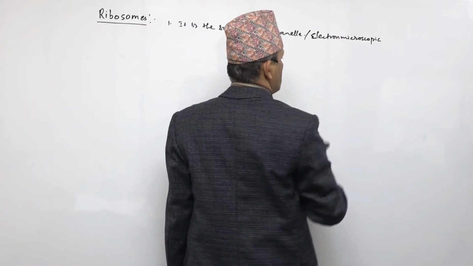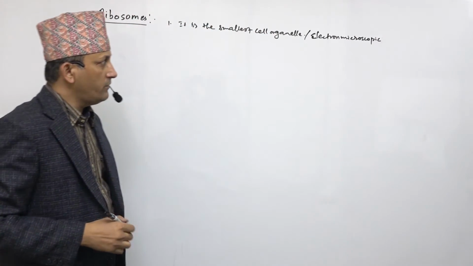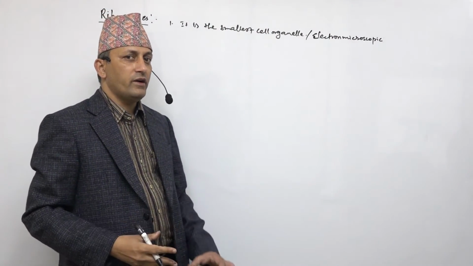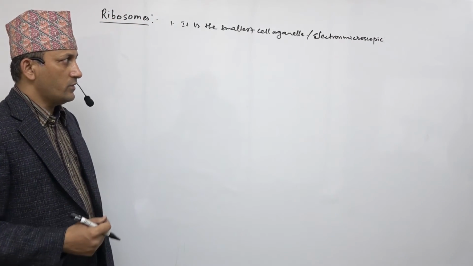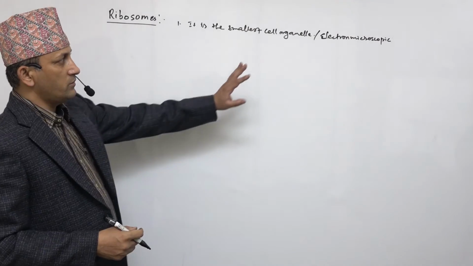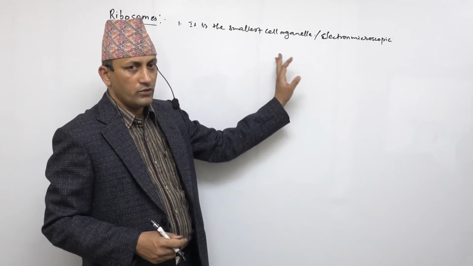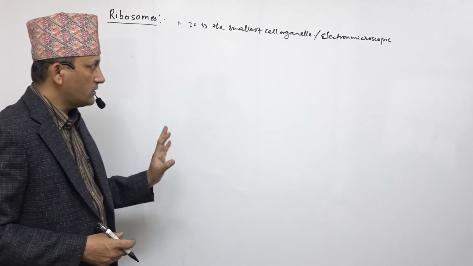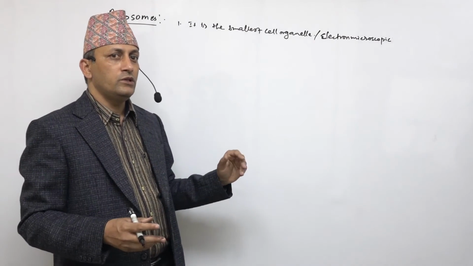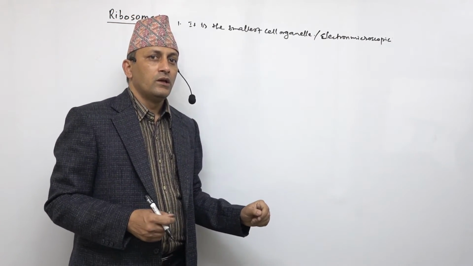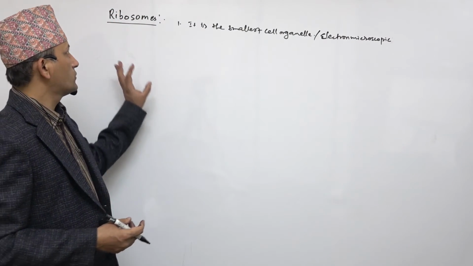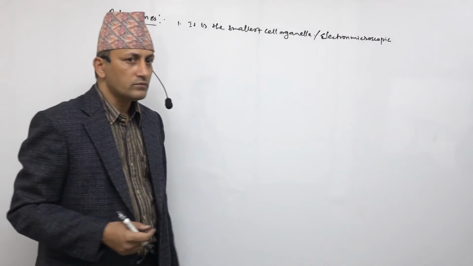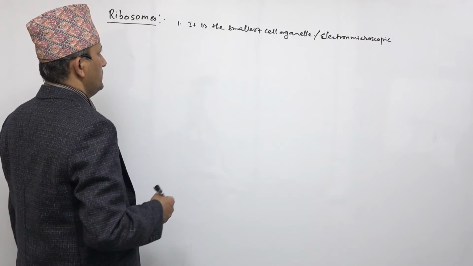An electron microscope is a very powerful microscope which can magnify objects more than a compound microscope. So with the help of the electron microscope, we can see ribosome. Otherwise, the normal microscope that we usually use in the lab cannot show these ribosomes. So it is the smallest cell organelle.